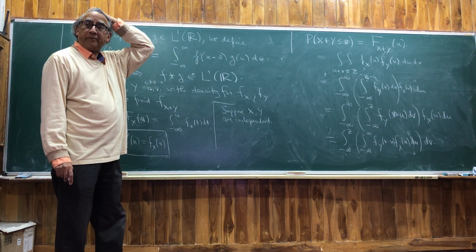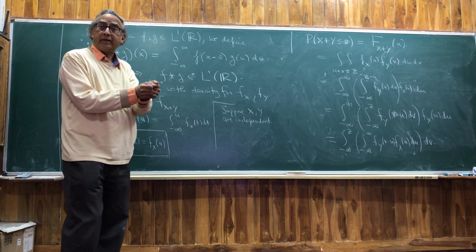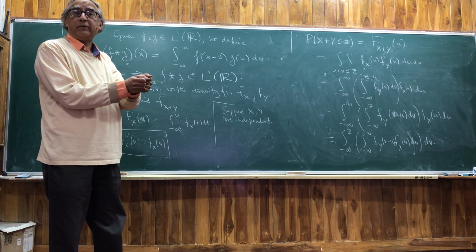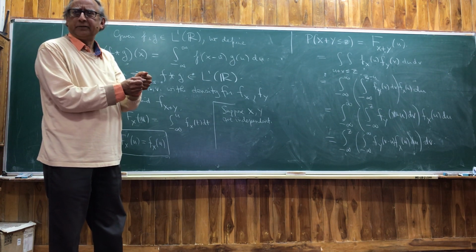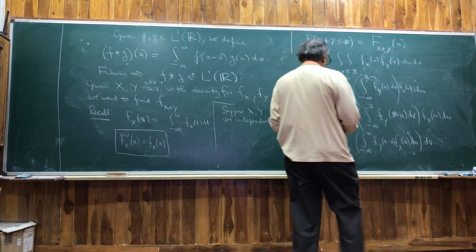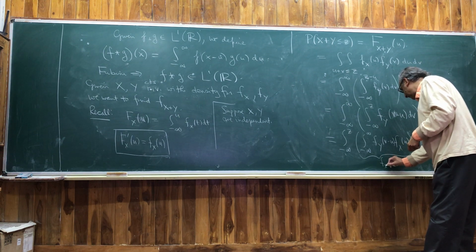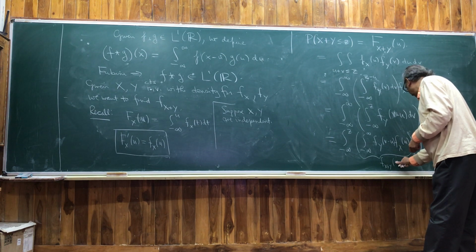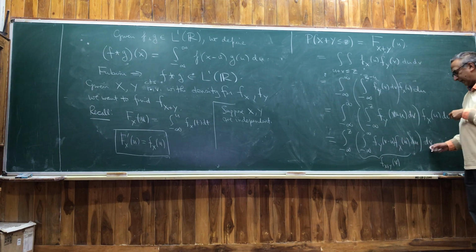So this is the algebraic property. When I add two independent random variables, the density function of the sum is the convolution of the two density functions. Nice algebraic structure. So this has to be the density function f_{x plus y} of z, or of v, whatever the variable is.